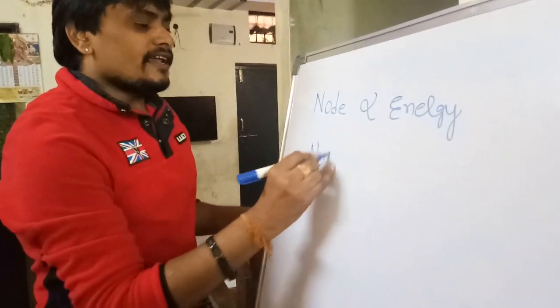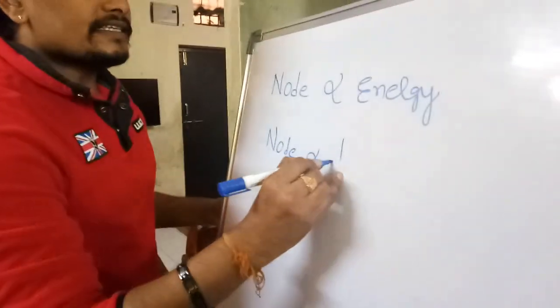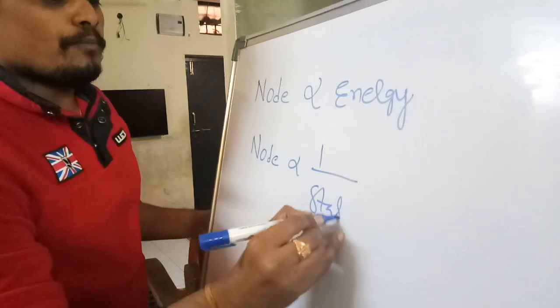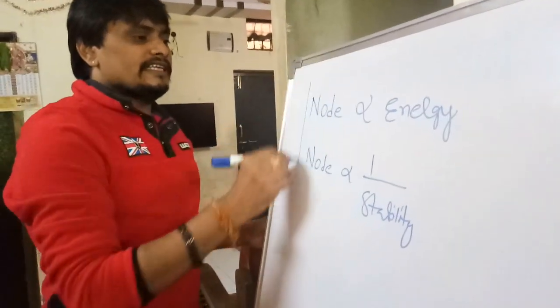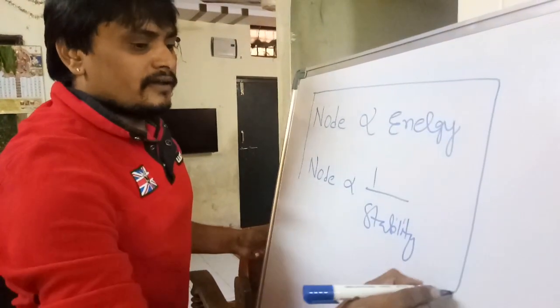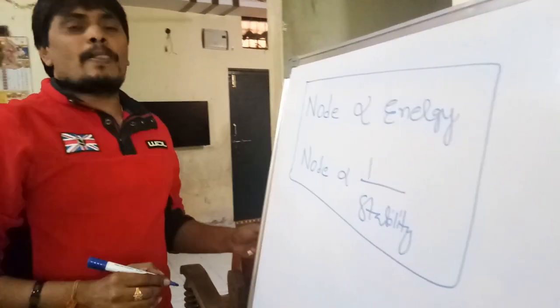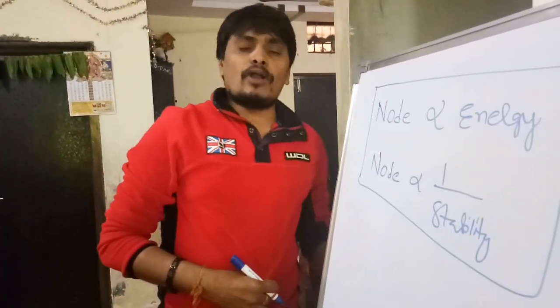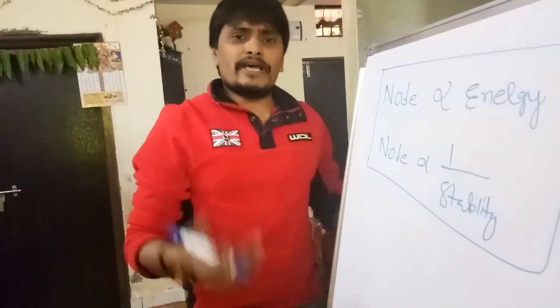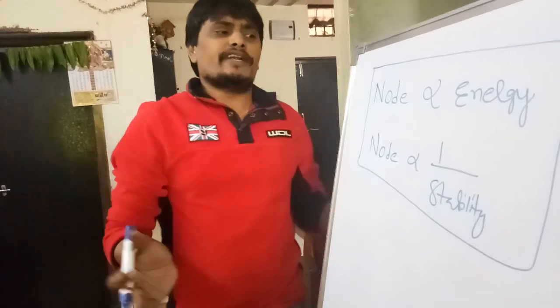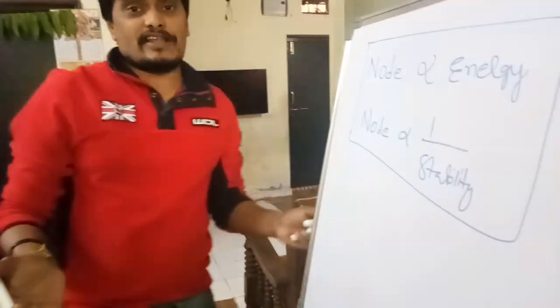So node is inversely proportional to stability. This is very important, students. The number of nodes decides the energy level of each and every molecular orbital of any molecule, whether it is 1,3-butadiene or benzene or nitrogen or fluorine, whatever it is. The number of nodes decides its energy level, right?